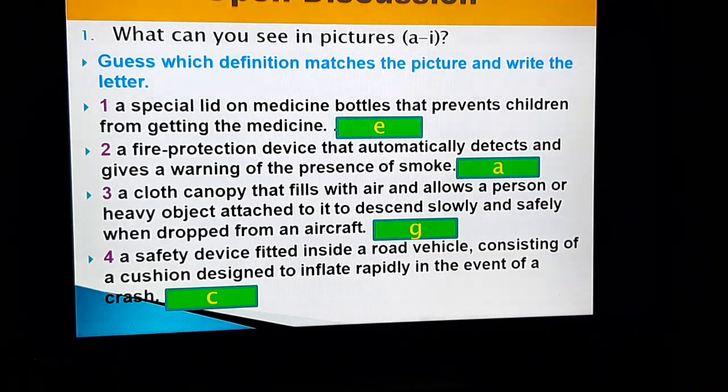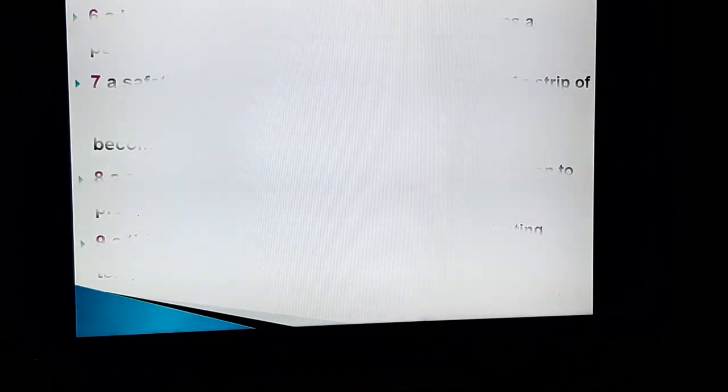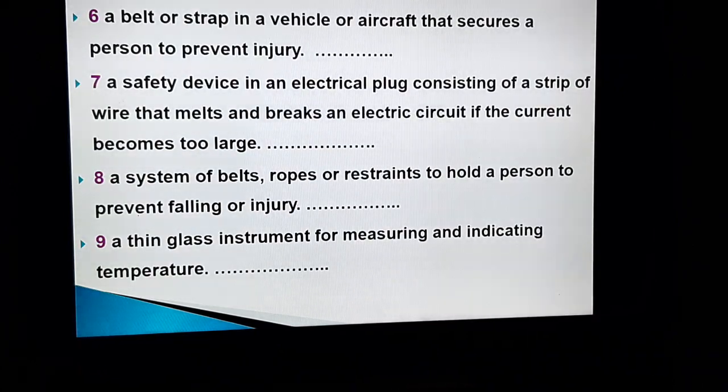So my dear students, we have many new words like automatically, detect, warning, cloth, vehicle, attached, caution. Let's go on. Number 5, a protective covering fitting over the whole face.